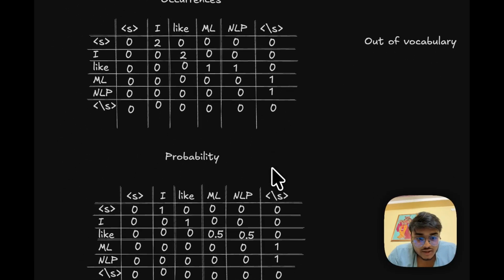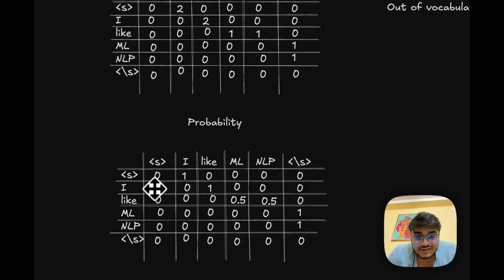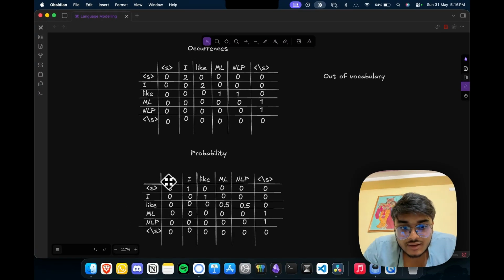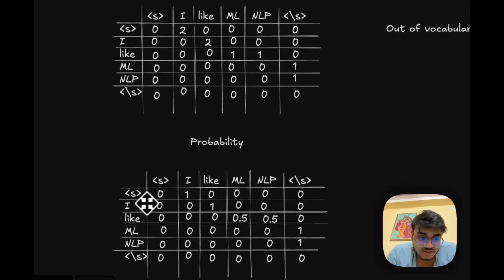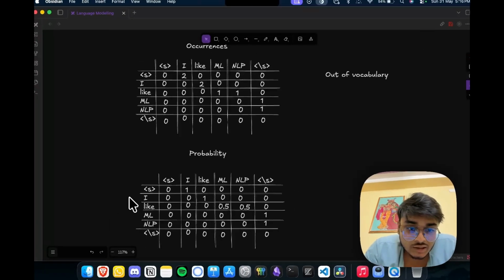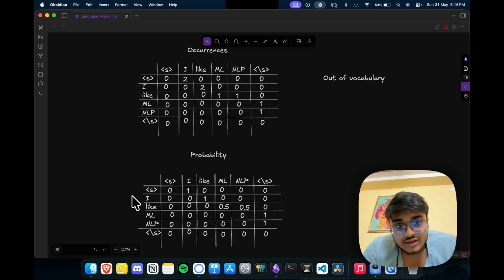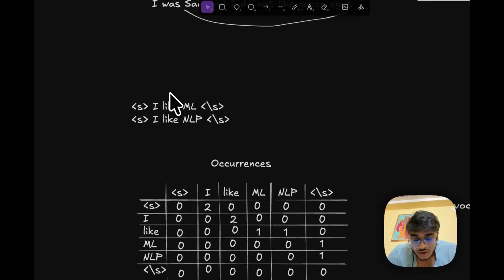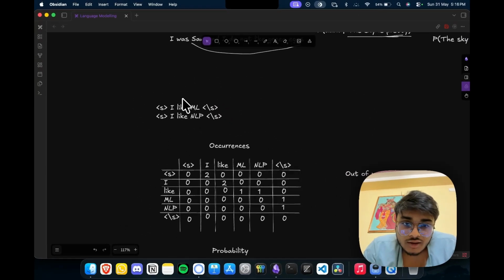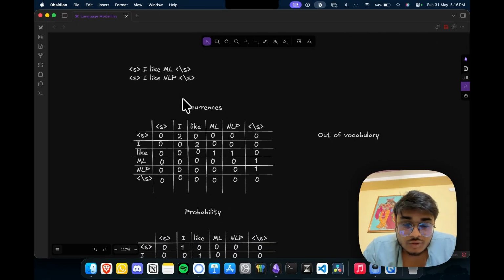But as you can see right here, the probabilities I have calculated have a lot of zeros. If I wanted to calculate a probability which does not exist, like the probability of like coming before I, there is no sentence where like is coming before I, so that sentence will be rejected and the probability of it will be 0.